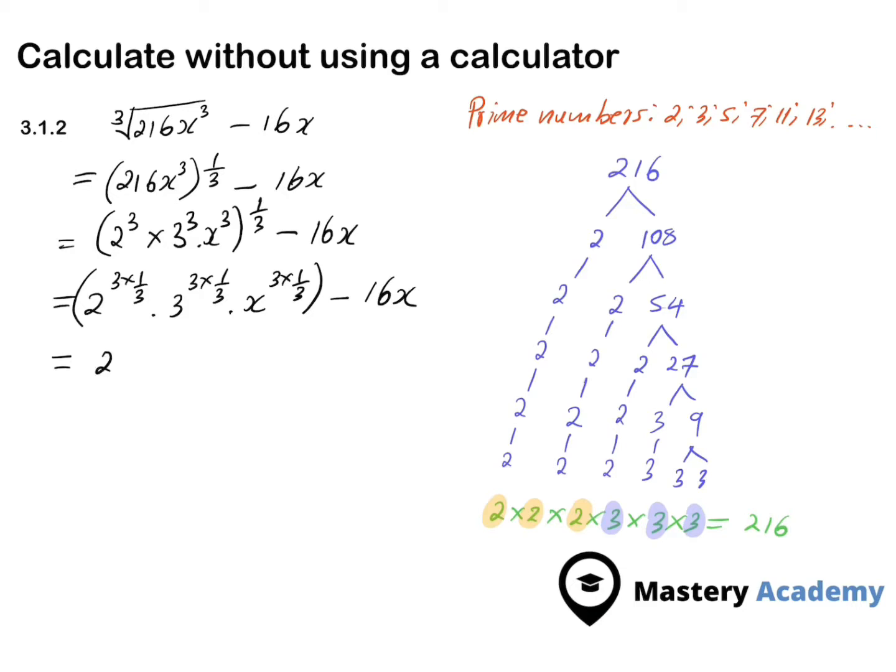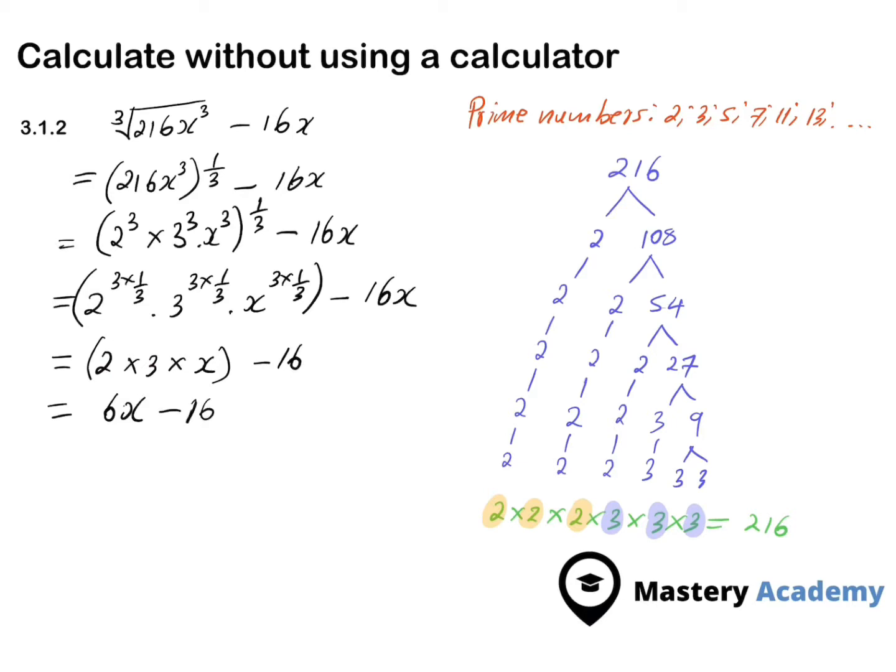Therefore, this is multiplied by, the same thing goes, 3 times 1 over 3, which is going to be 3, times x to the power of 3 times 1 over 3, which is going to be just x, and then minus 16x. Therefore, this becomes 6x, because 2 times 3 times x is 6x.